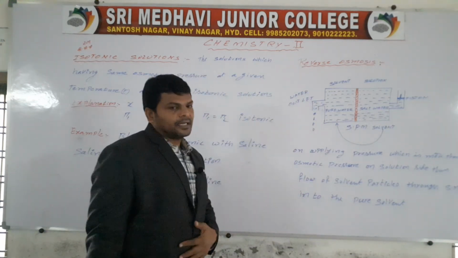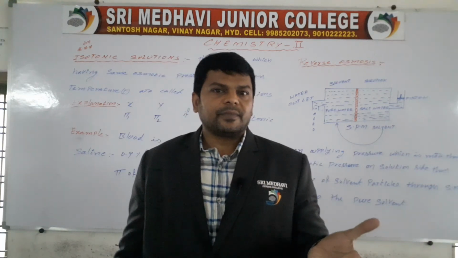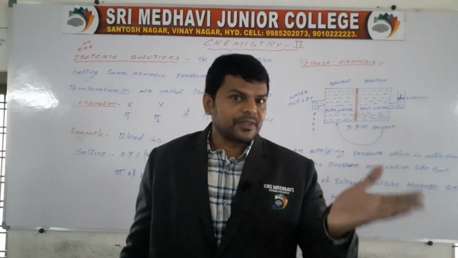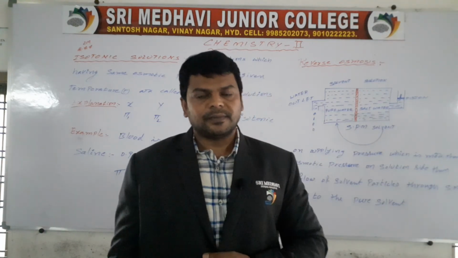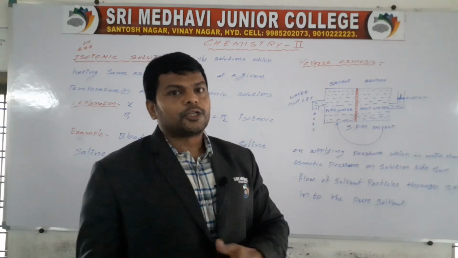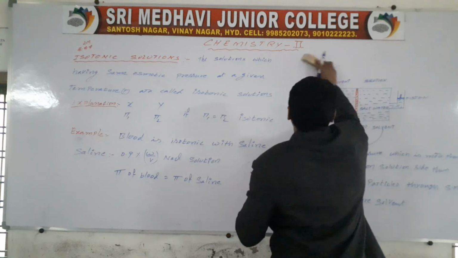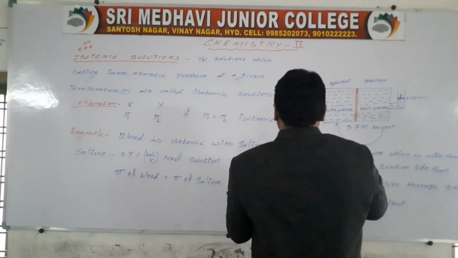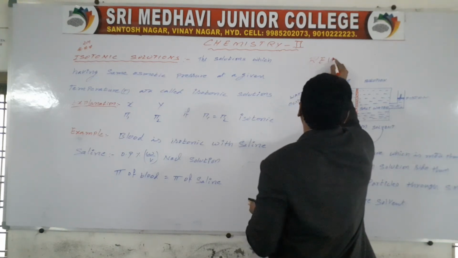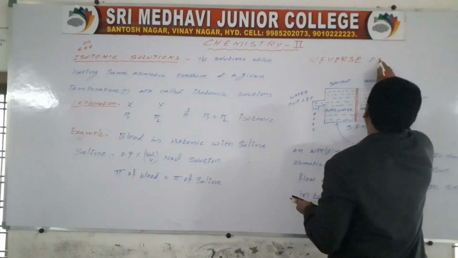By using reverse osmosis, we may purify bore water or salt water for drinking purposes. In our homes, we connect these types of machines to purify water. That is nothing but reverse osmosis.